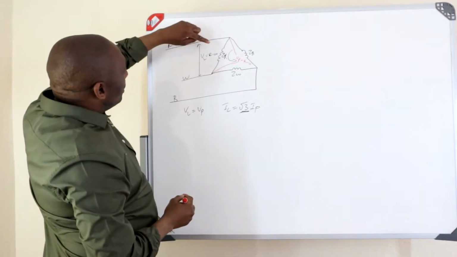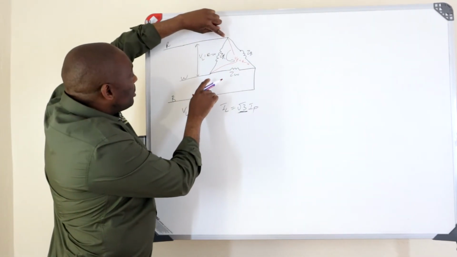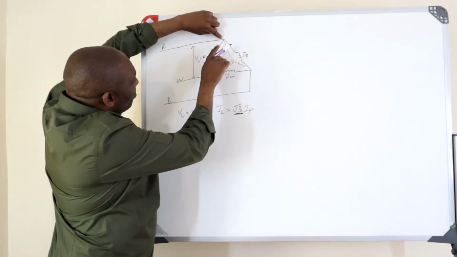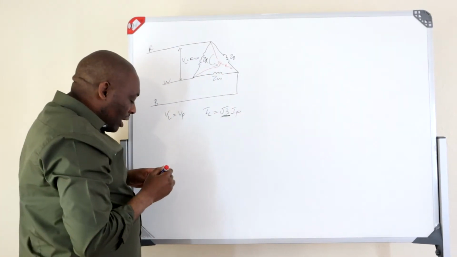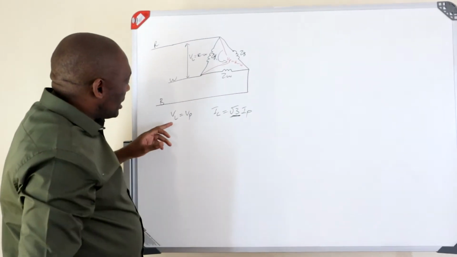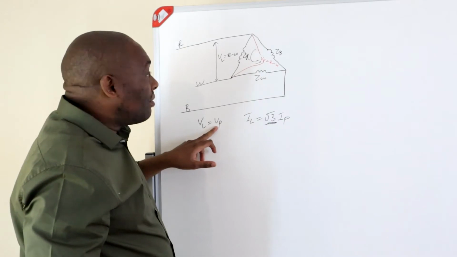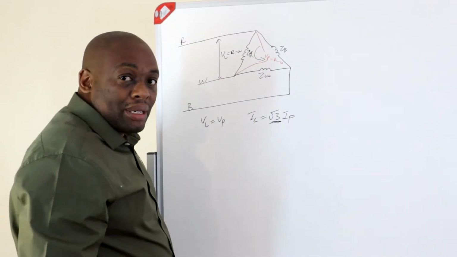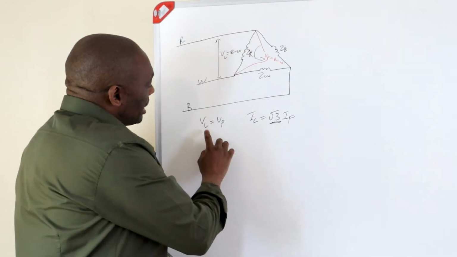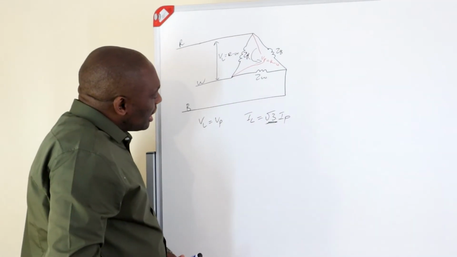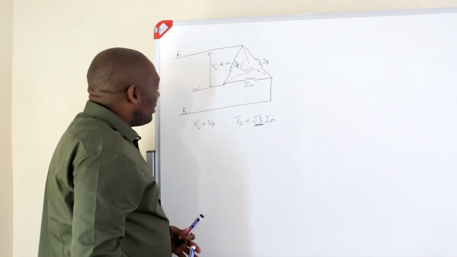If you can see where we measure the V phase, we still measure it between your red line and your white line. That's why we are saying that in a delta, our V line is equal to our V phase, because we measure them across the same points.